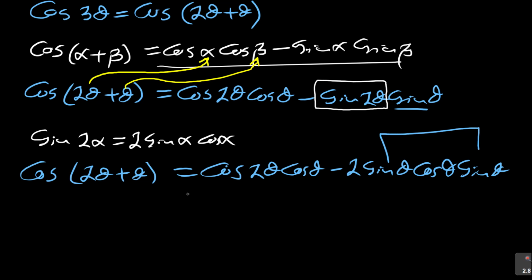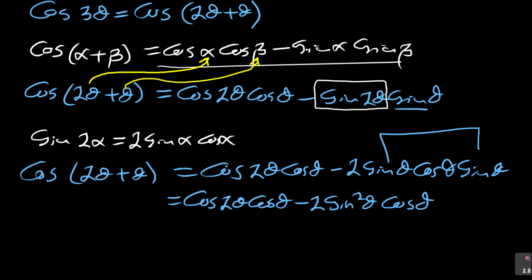If you multiply it, sine squared, this is going to be cos 2 theta cos theta minus 2 sine squared theta cos theta. So far so good. I still have that sine squared. Then I use the other one now.